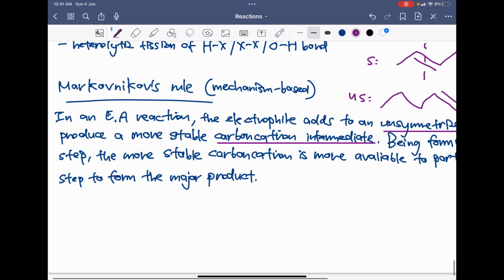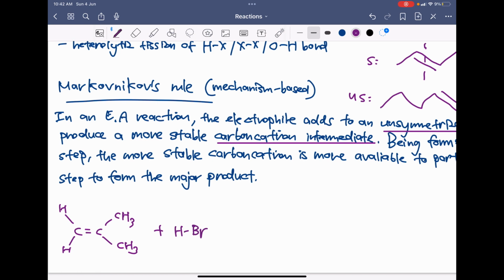Let's take a good example. Let's say we have CH3, CH3, H. You can tell this is unsymmetrical because about the C=C bond, there is no plane of symmetry. This is the first step.